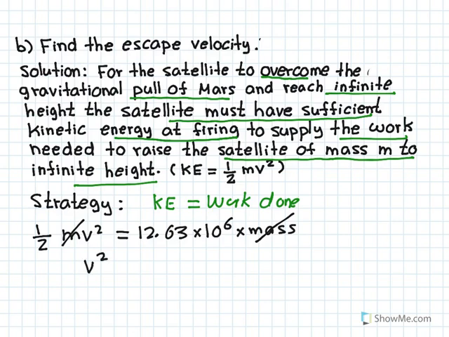That's just algebra. V squared is equal to 12.63 times 10 to the 6 times 2. And let's take the positive square root. So V squared is equal to 2 times 12.63 times 10 to the 6.